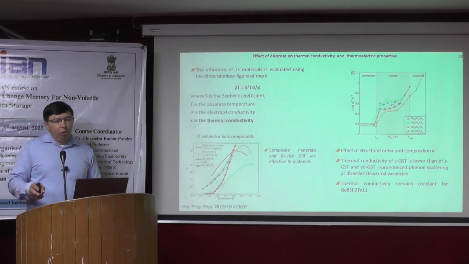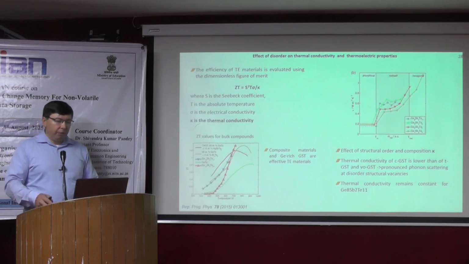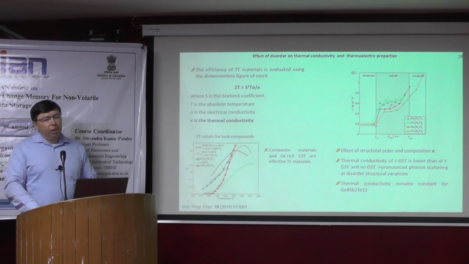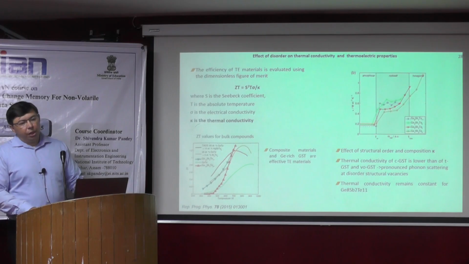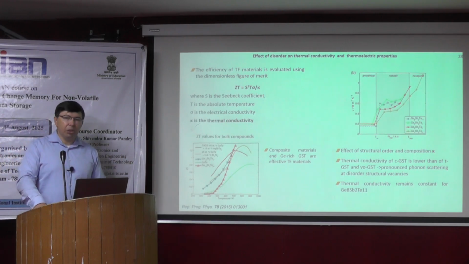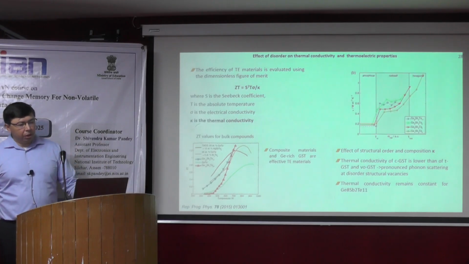You know that thermoelectricity is the transformation of thermal energy to electrical energy, and for that you need materials. There are a huge number of different materials, and tellurium-based chalcogenides can also be used. One application of phase change materials is also for thermoelectrics.